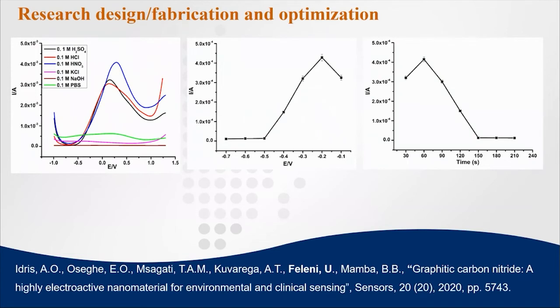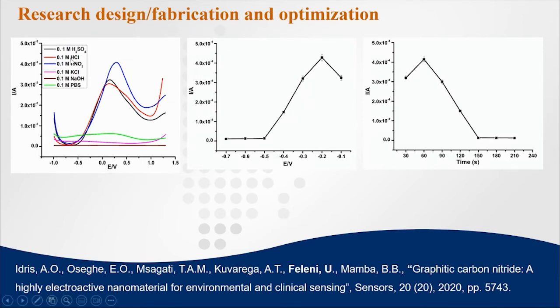Now, another important piece of information is that we are still on optimization, because optimization takes time. But as long as you understand your material and understand your sensor system, if it is a sensor. So in this case, we also optimized the electrolyte, meaning the solution that we use for our sensor.